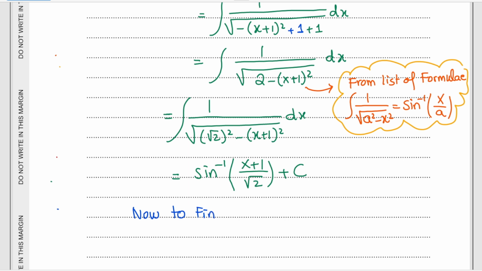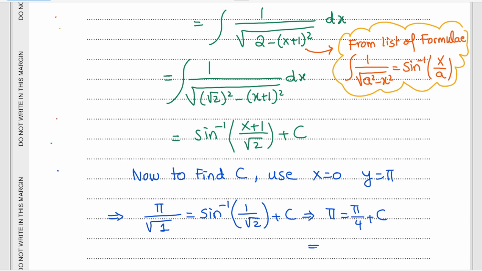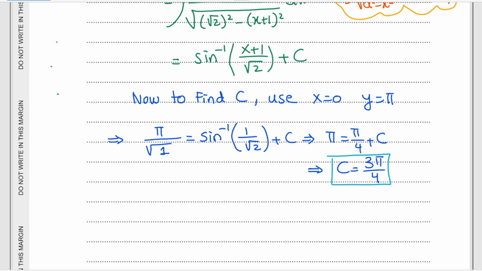But we need to find c because initial conditions are given. So substituting y equals pi and x equals 0, I get pi over radical 1 equals sin⁻¹ of 1/√2 plus c, which implies that pi equals pi/4 plus c. So c equals 3pi/4.